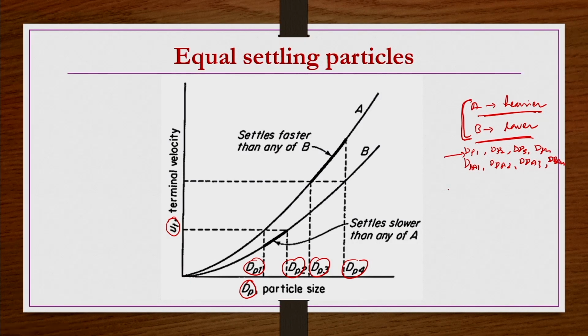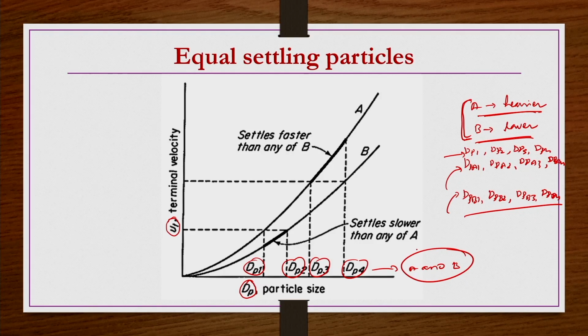They are valid for A and B both. B also has this wide range of particles. Both A and B type particles have a wide range of distribution from dp1 to dp4. It is not that they are valid only for A or B; this is valid for both.